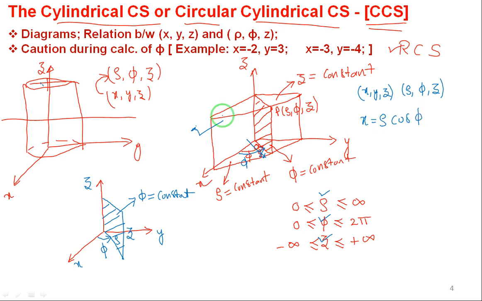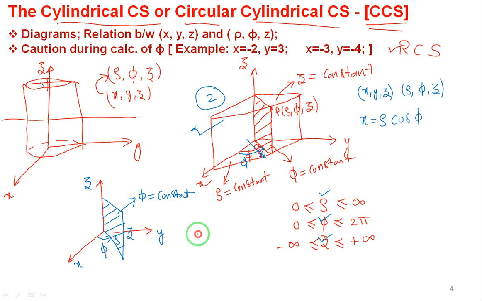How is this? I will show you. Observe the second diagram I have written here. If I look from the top, going far away along the z direction and observing from above, how does it look?